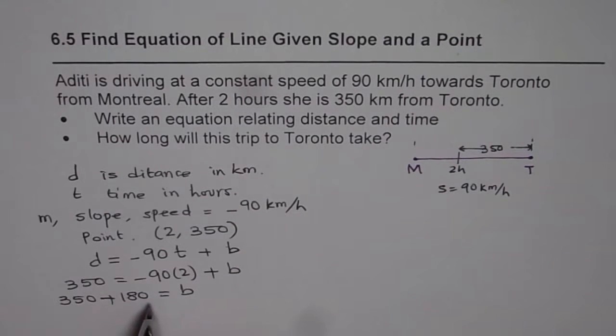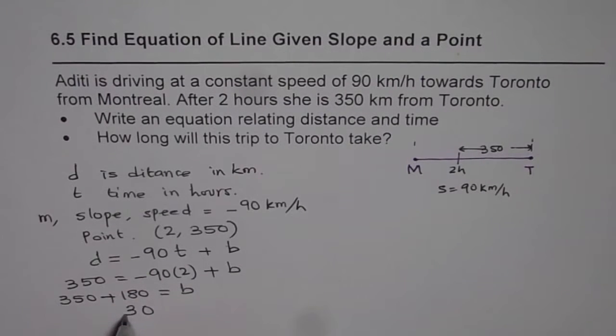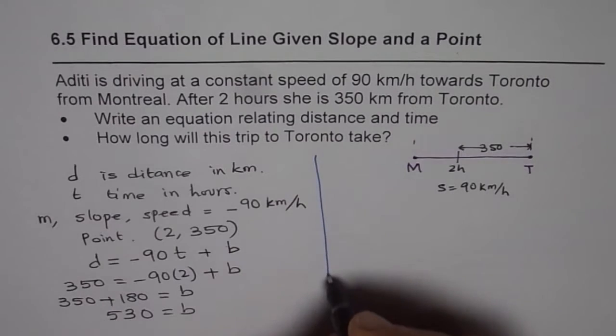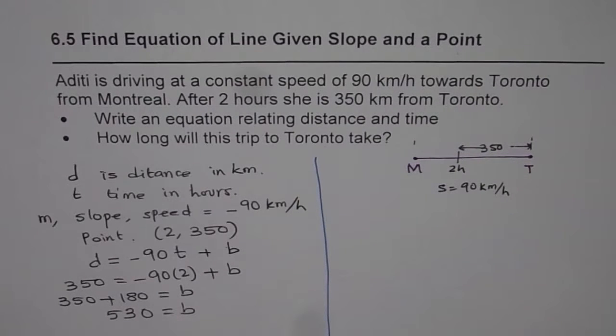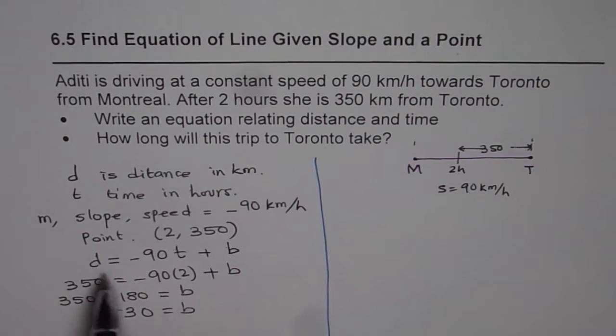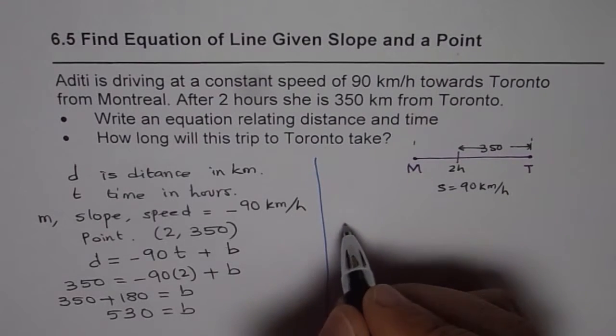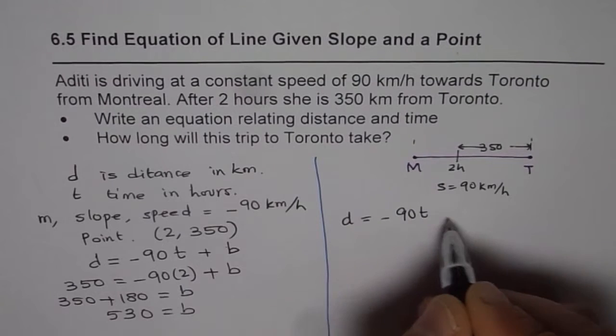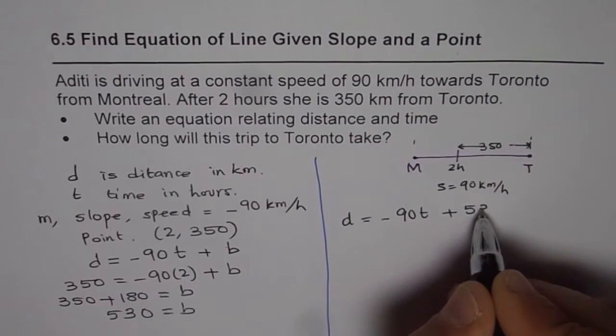That gives 530. So b is 530. From here we get our equation which represents this situation: distance is equal to minus 90t plus 530.